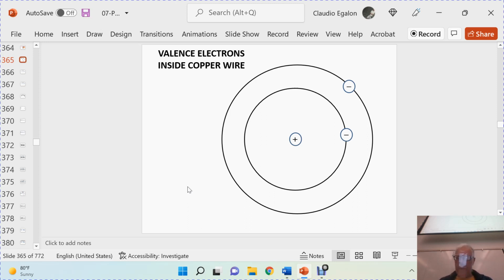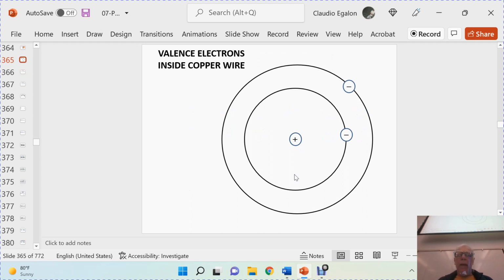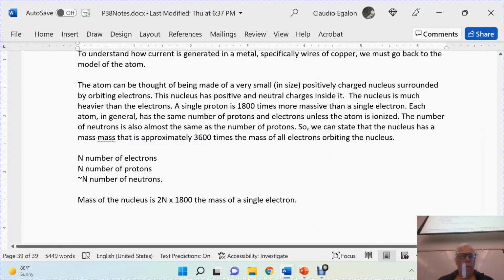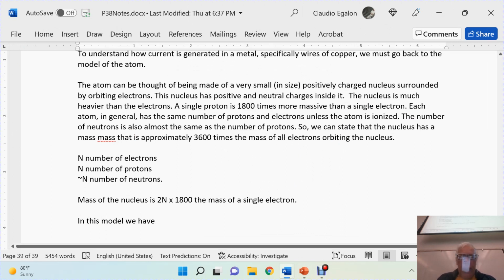So here's the illustration of the atom. We have electrons orbiting at different distances from the nucleus, and the outer electrons we call the valence electrons.